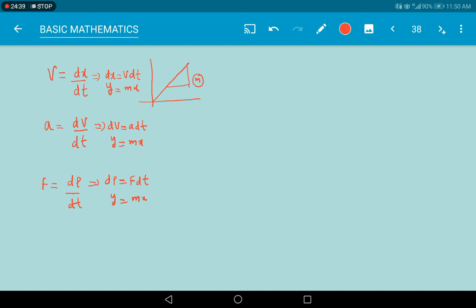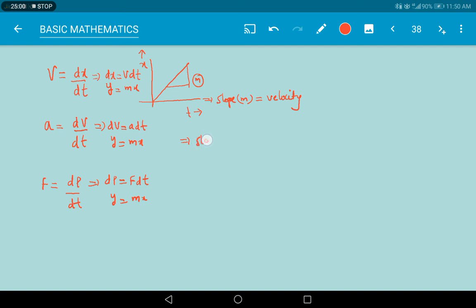If you plot a graph by taking displacement along the y-axis and time along the x-axis, the slope is nothing but velocity.